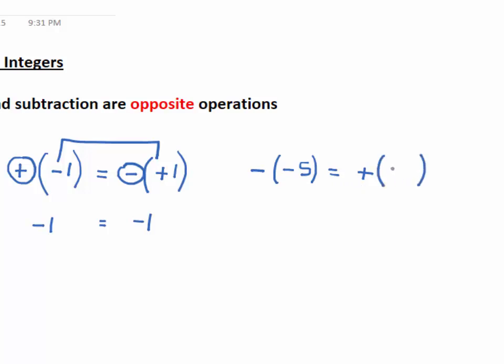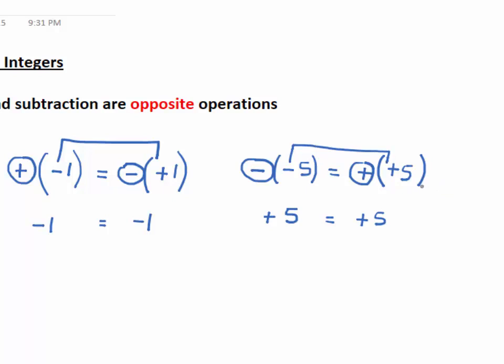The opposite of -5 is +5. If I am adding a +5, it stays +5. So as you can see, the same value. Between subtraction and addition, they are opposite, which means I switch the negative to positive. This is the meaning of opposite operation. I hope that you understood this one.